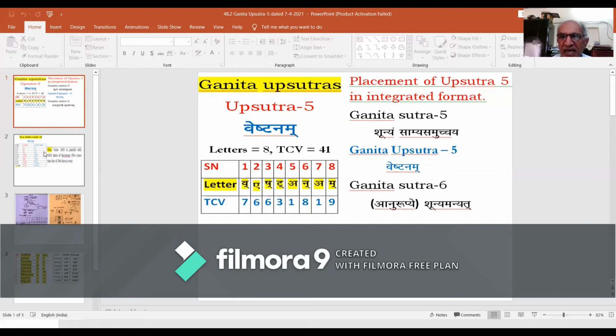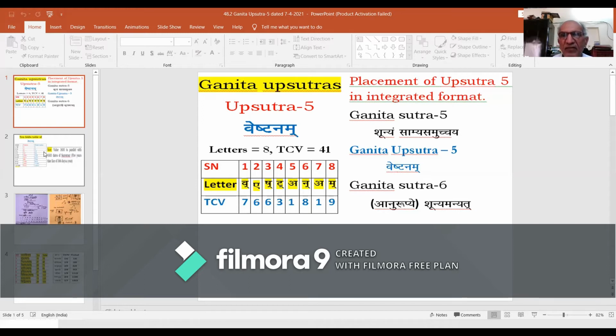The gap between the mathematical domains of these two Sutras is bridged by Ganita Upsutra 5, Veshtanam.